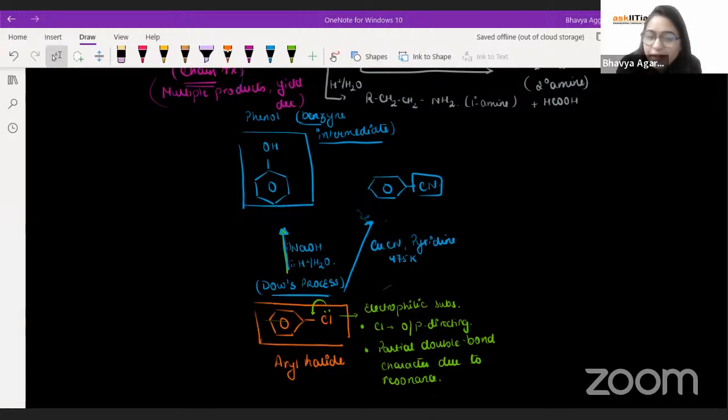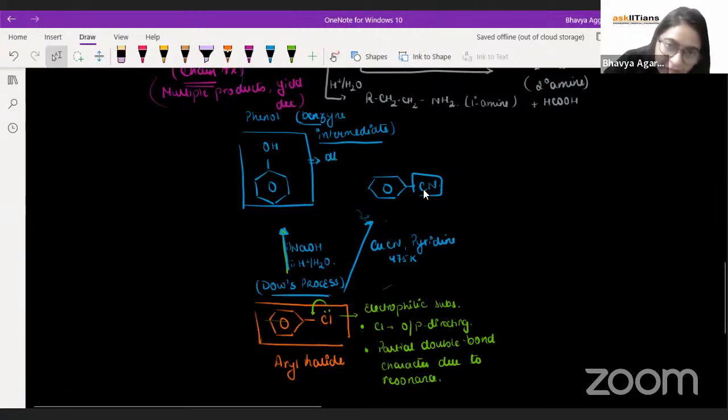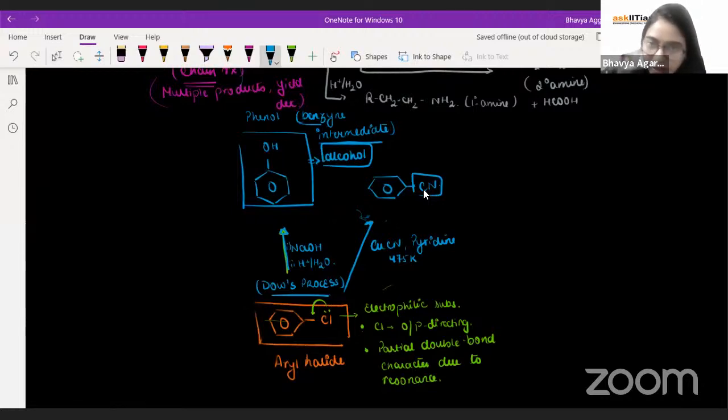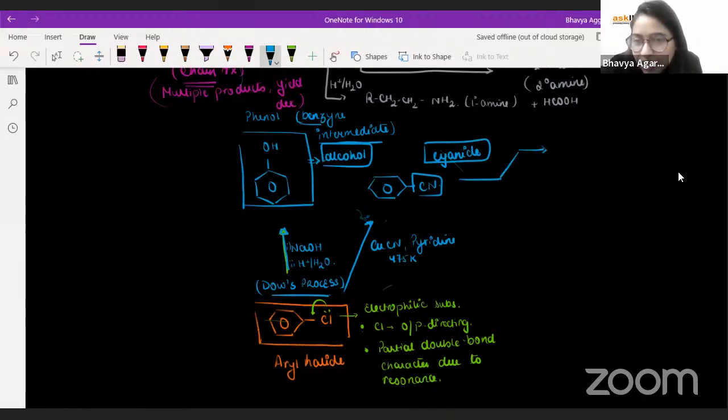And of course, if you're getting cyanide, I can do further conversions. Here, I was getting an alcohol. Here, I'm getting a cyanide. And I can convert this cyanide into the same stuff which I've just done. If I do acidic hydrolysis, I'll get benzoic acid.